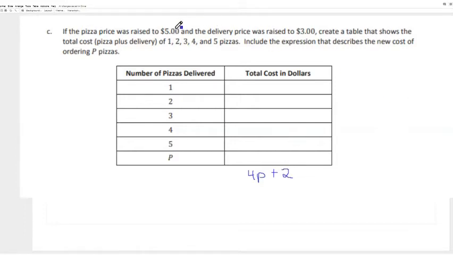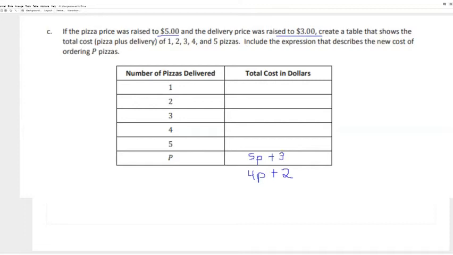Now they're going to change it. Instead of $4 a pizza, they're going to charge $5. So the 4 is going to change to 5. The pizzas are going to stay the same. And now they're changing the delivery price from $2 to $3. So now instead of adding 2, we're going to add 3 each time.